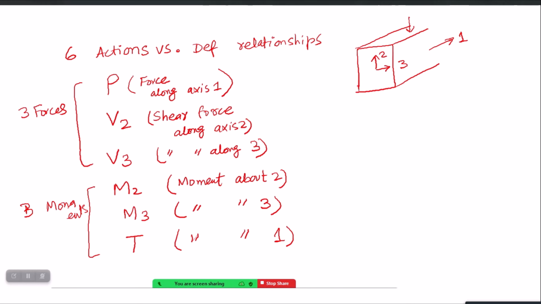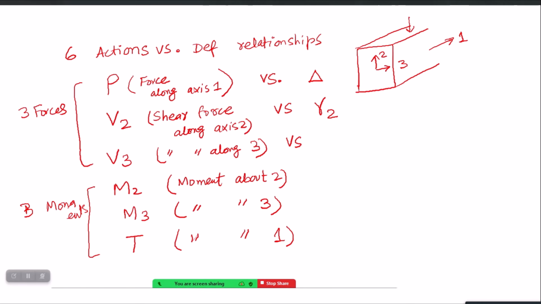Each of these actions have a deformation associated with that. For example, axial load have a deformation which is the axial shortening or axial elongation, which is represented here by delta. Similarly, shear force in both directions will have shear deformation. Let's represent them using gamma shear deformation.